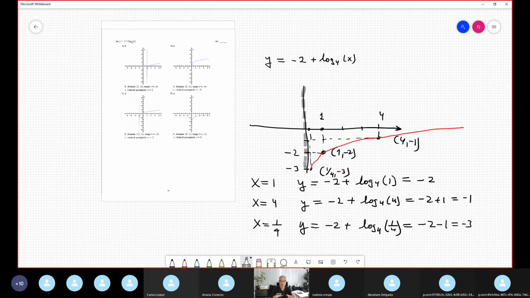The only thing we are doing is a translation, moving the entire curve down. The asymptote stays the same because the asymptote changes if you are doing a horizontal shift, but in this case no, we are doing a vertical shift. So in my opinion, it is obvious that it corresponds with option D. Look. Yes or no?